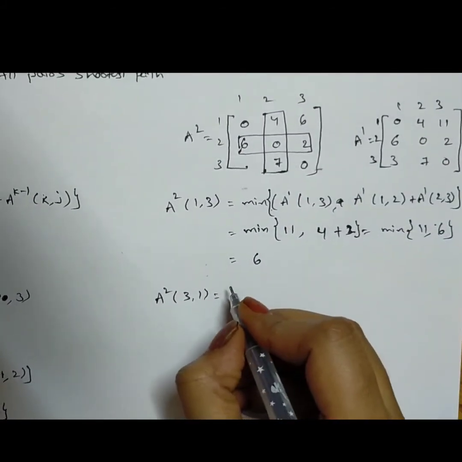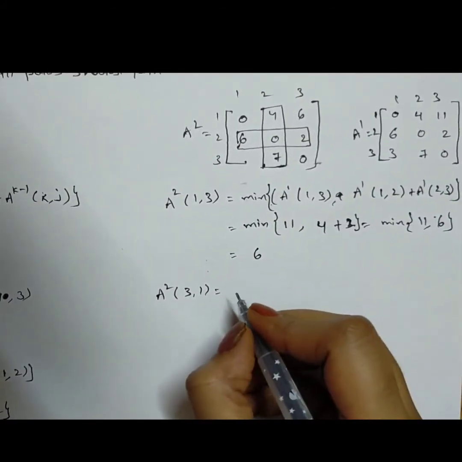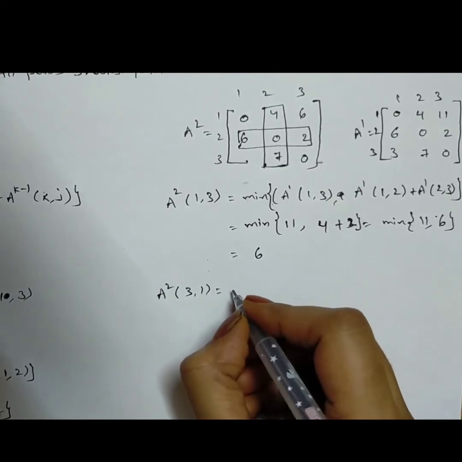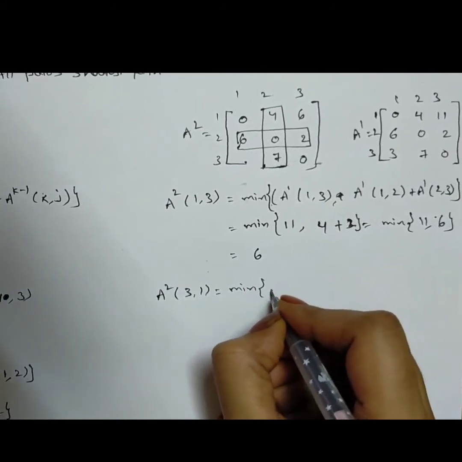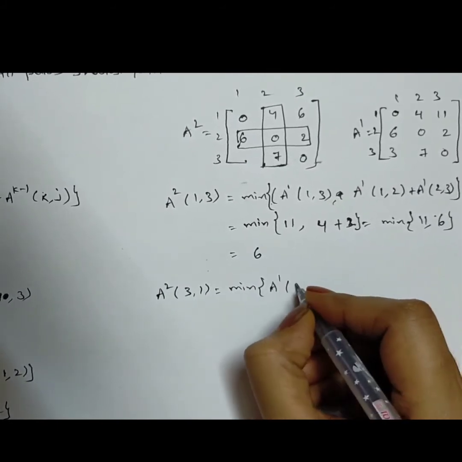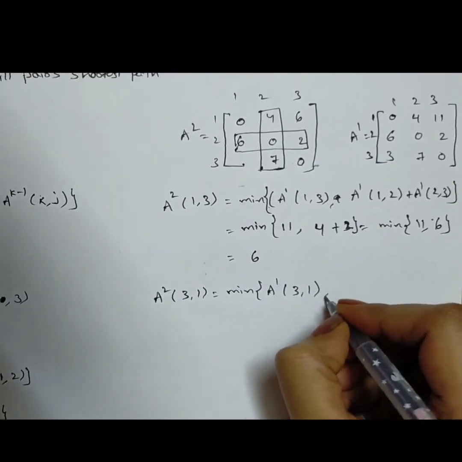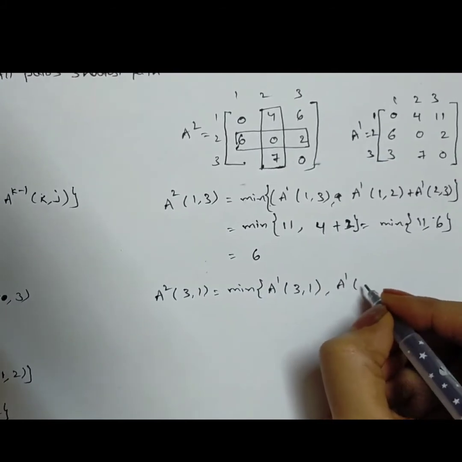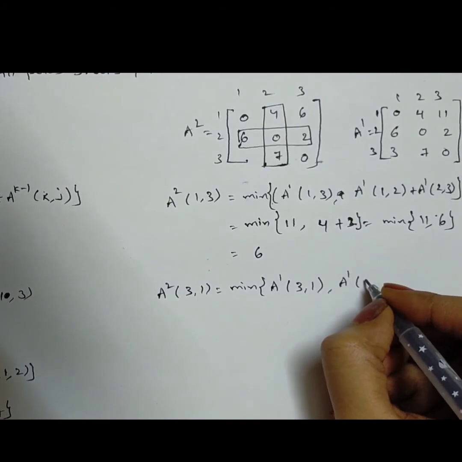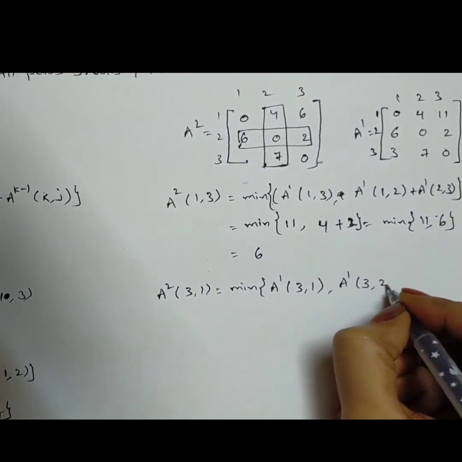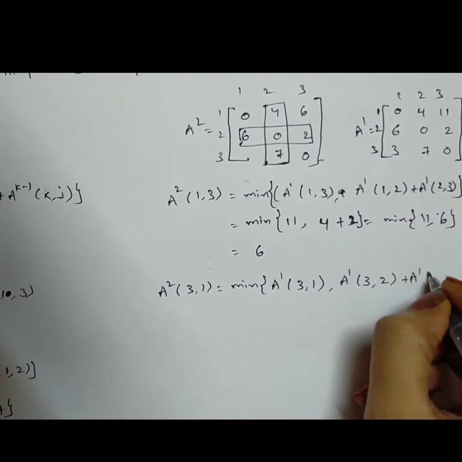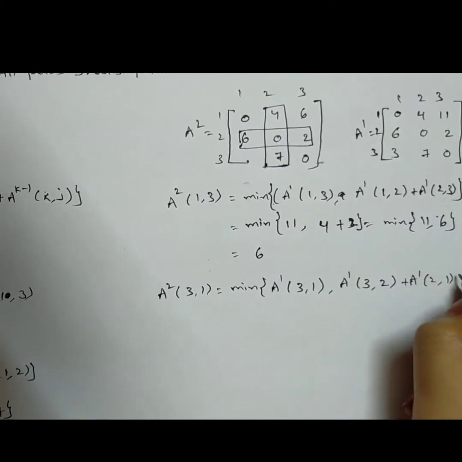Okay, now let us find the value of a2 of (3, 1). Minimum of a1 of (3, 1), a1 of (3, 2) plus a1 of (2, 1).